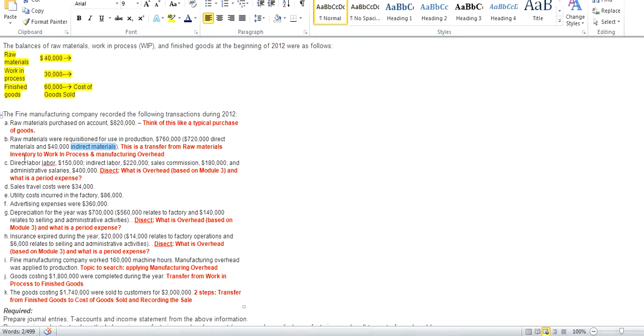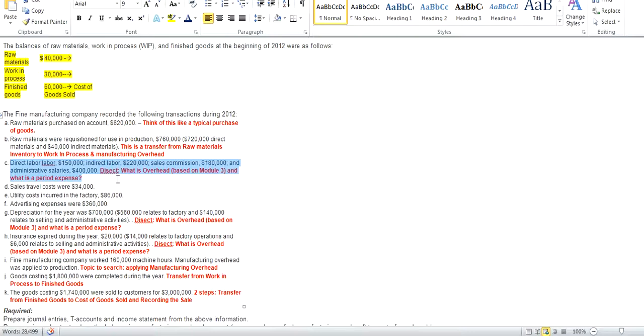And then C, direct labor, it's the same idea. Direct labor 150,000, indirect labor 220, sales commission 180, and administrative salaries 400,000. We can transfer the 150 to work in process because it's direct.